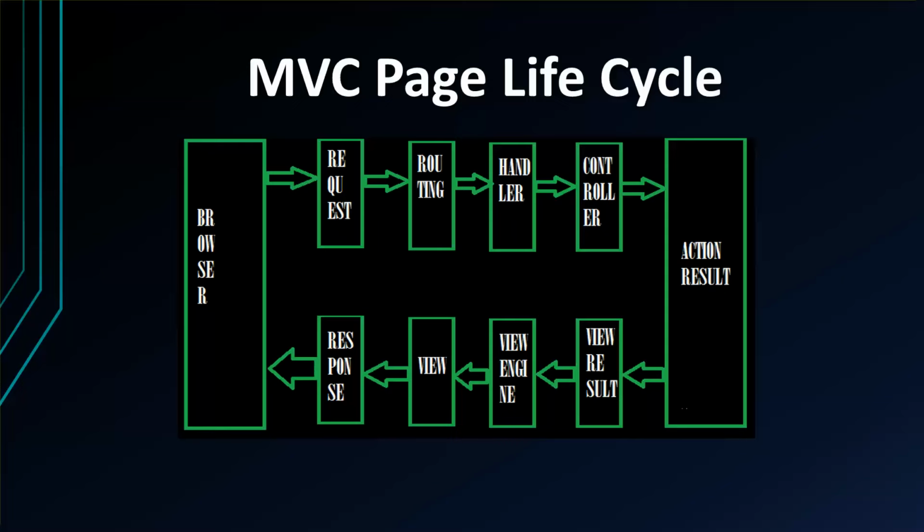In ASP.NET, every request has a separate file residing on the server. But in the case of MVC, every request goes to the routing table where it can find a corresponding controller and action method. So all requests are routed to a special class called the controller.